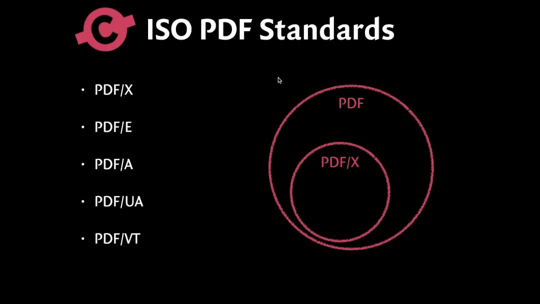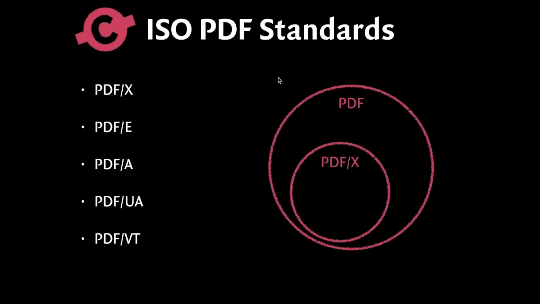And what that does is it means that if you make a PDF/X file, or if you check a file and it happens to be compliant to PDF/X, then you're much more sure that that file will actually work correctly inside of a graphic arts workflow.